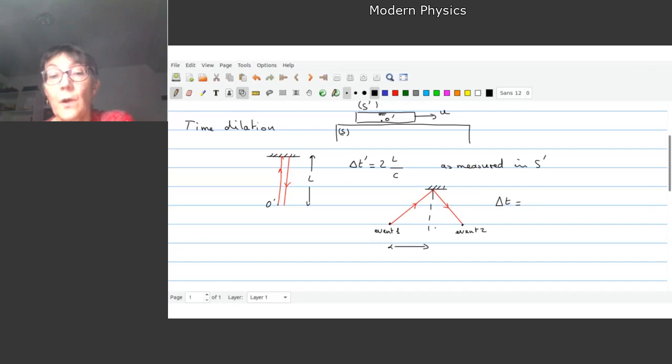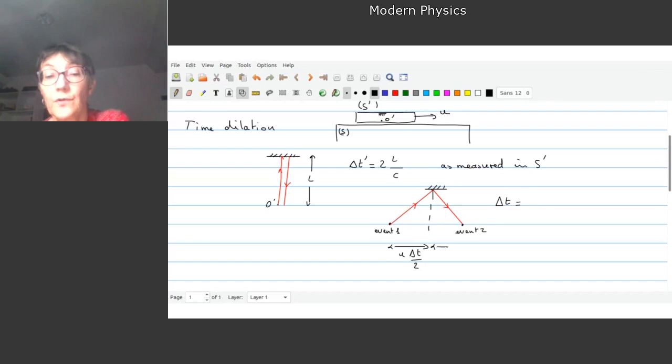This is the distance the mirror traveled. So this is u delta t over 2. Okay, u is the velocity of the mirror in relation to the platform.